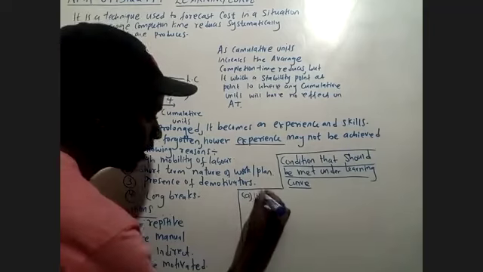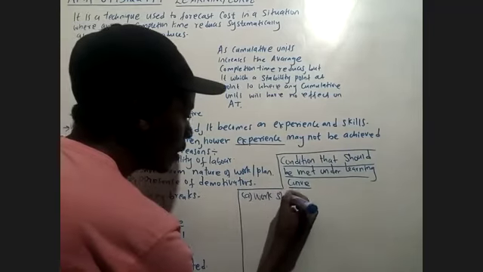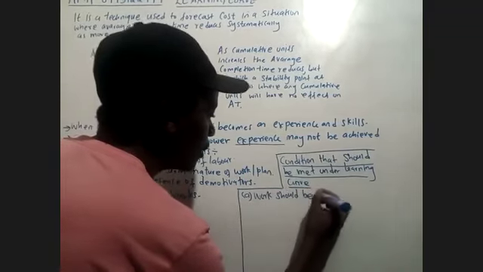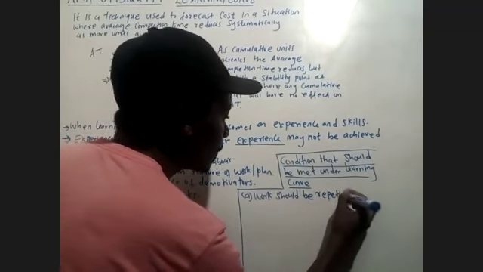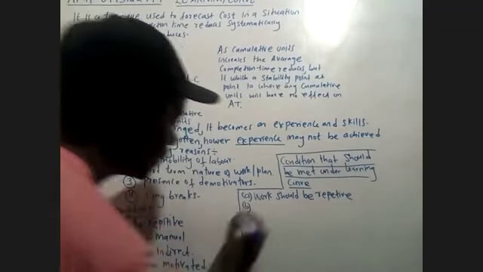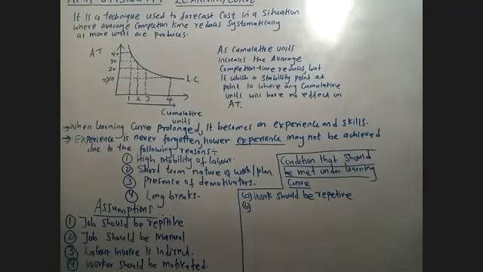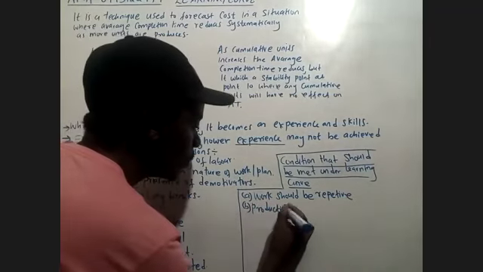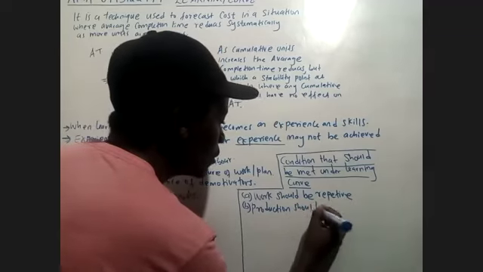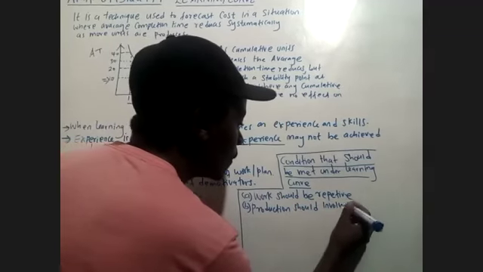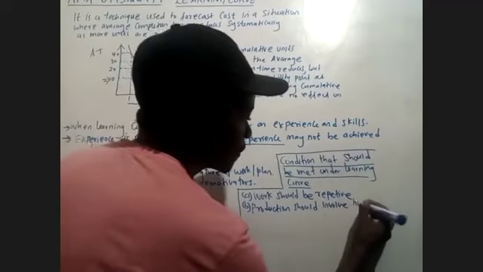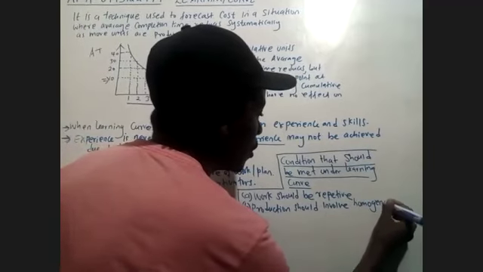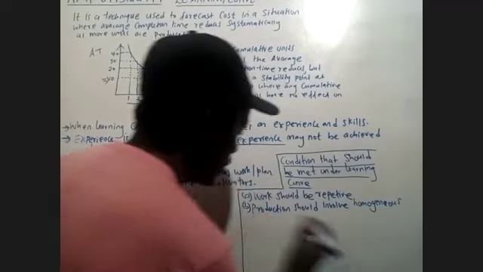That's what we have seen in the other side. Work should be repetitive. Number B, production should involve homogeneous, same, homogeneous product.